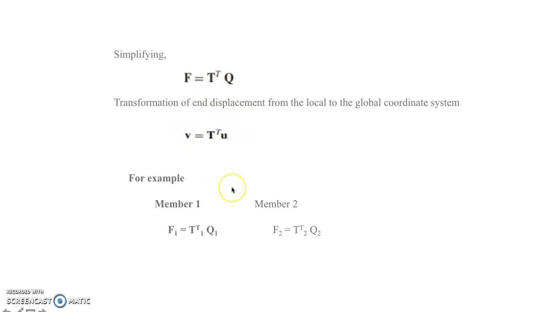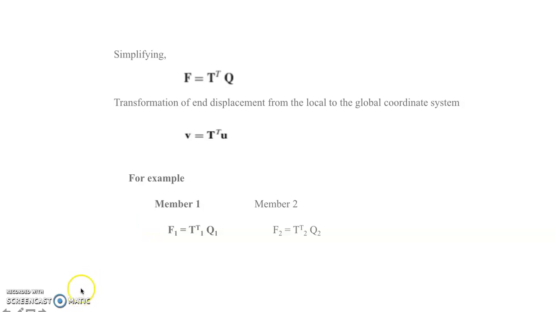So if there would be 8 members, you are going to have the values for the member end forces in the global and member end displacement in the global, solving for 8 equations. For example, if that would be member 1, you are going to have F sub 1 equal to the transpose of the transformation matrix for member 1 multiplied to Q sub 1, similar to Q sub 2. So this is per member. That is the transformation from local to global coordinate system.